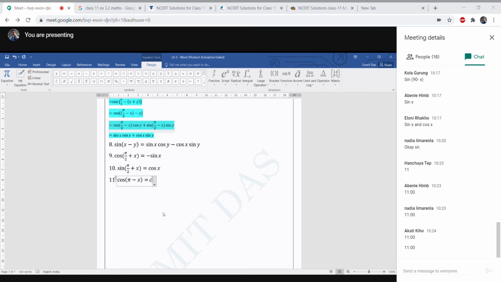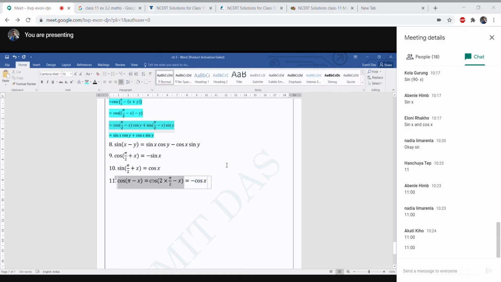So we can write cos 2 into pi by 2 minus x. 2 into pi by 2, so it is an even number, right? So it will be cos, right? Now pi minus x, which quadrant? Pi minus x will be in the second quadrant, right? In the second quadrant we know that cos is negative, so it will be minus cos x.